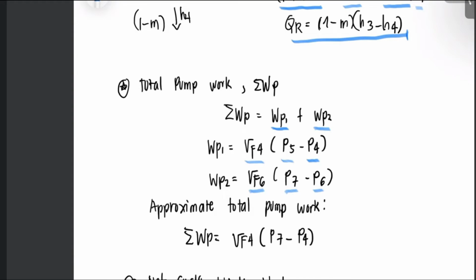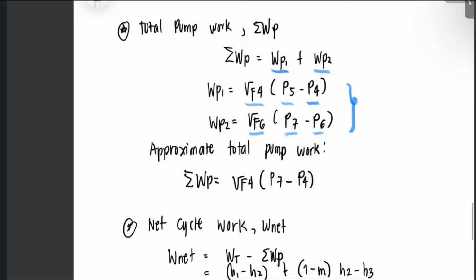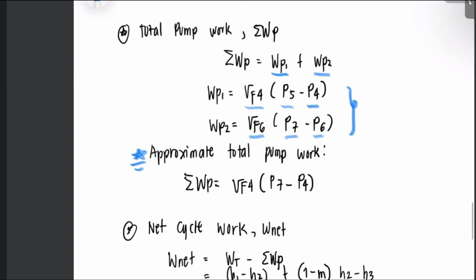Okay? So, this is the equation that is usually used, but since this is an approximation, ito po class yung ginagamit kadalasan sa pag-compute when computing for the total pump work of any given regenerative Rankine cycle. So, the summation of the work of the pump, gagamitin na natin to.